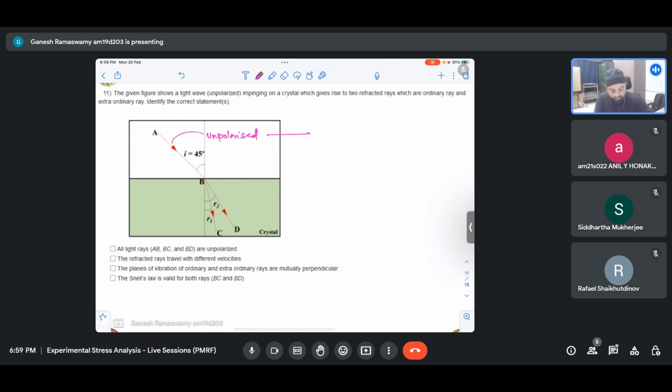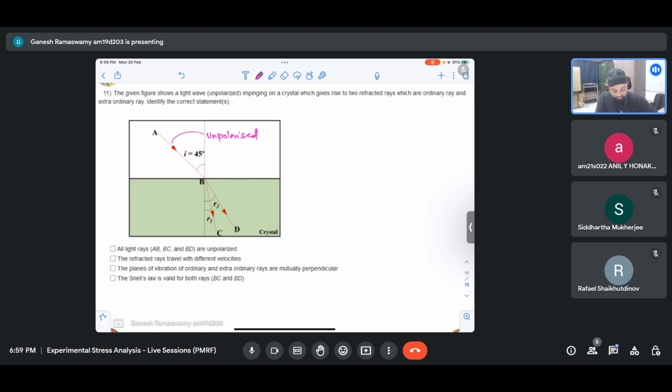Unpolarized light has a very generic representation, because it has components in all directions, not just mutually perpendicular directions, which can only be seen from the diagram I drew. So it doesn't have a representation as such. So which is true in this case?